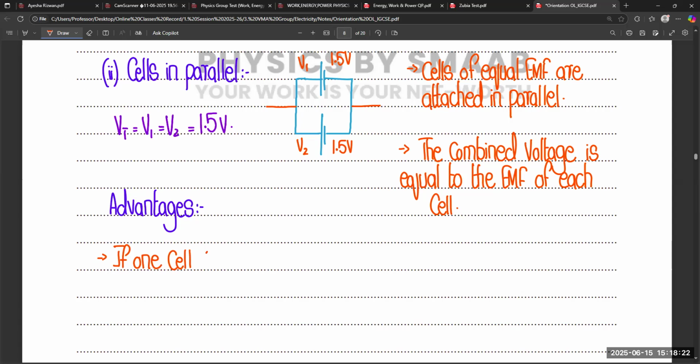So if one cell fails, the other keeps the circuit working.